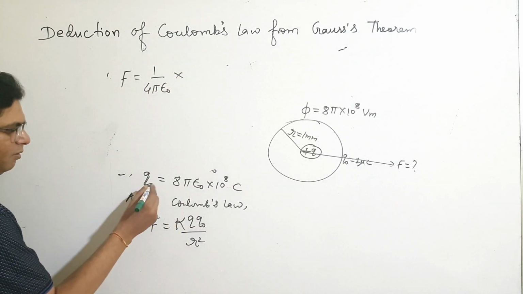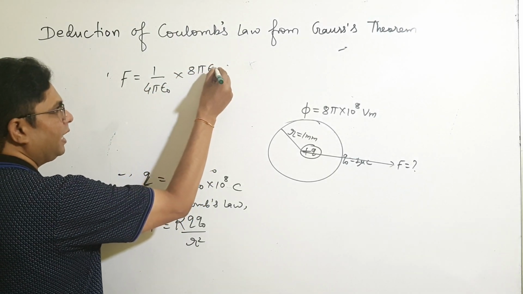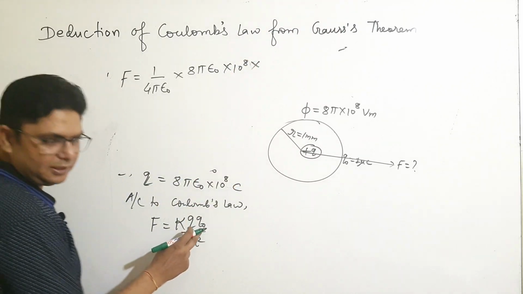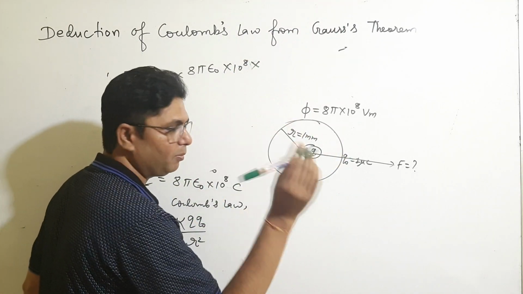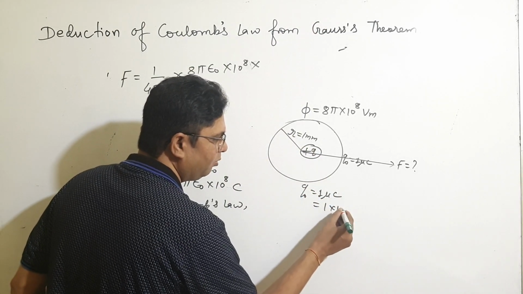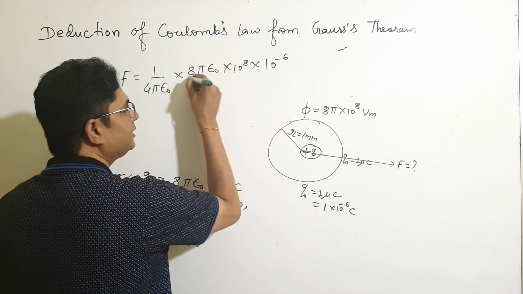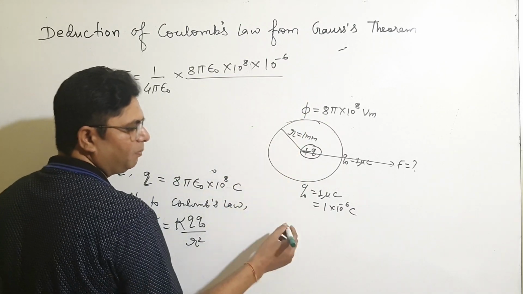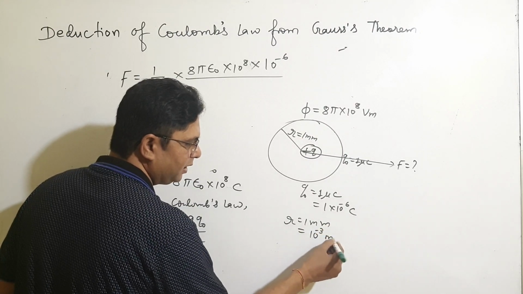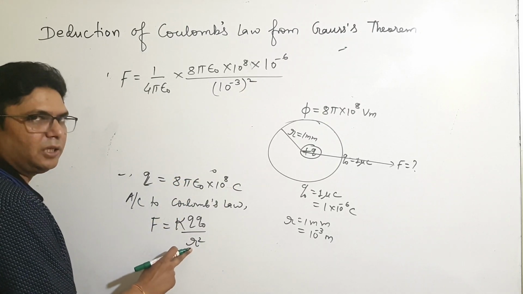The value of Q is 8 pi epsilon naught 10 to the power 8. And the value of Q naught is given in the question, 1 microcoulomb, which means 1 into 10 to the power minus 6 coulomb. The distance R is 1 mm, which means 10 to the power minus 3 meter. So right here 10 to the power minus 3 whole square, because there is R square.